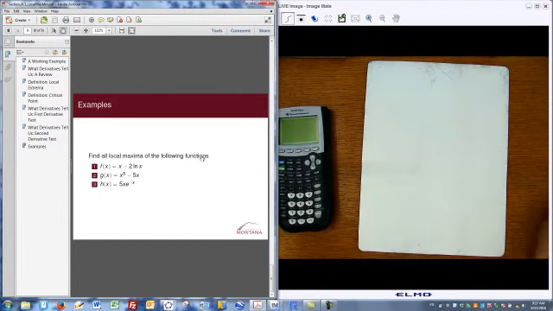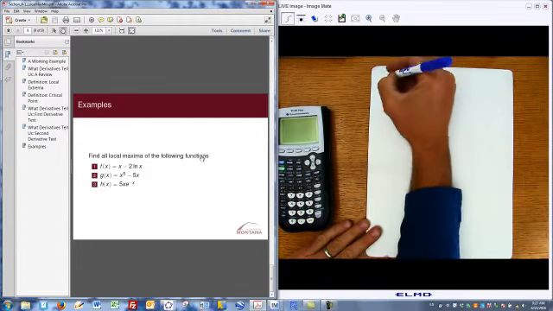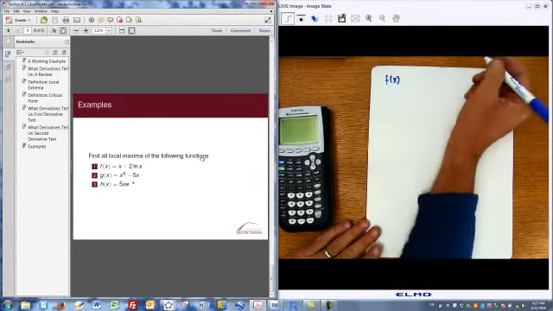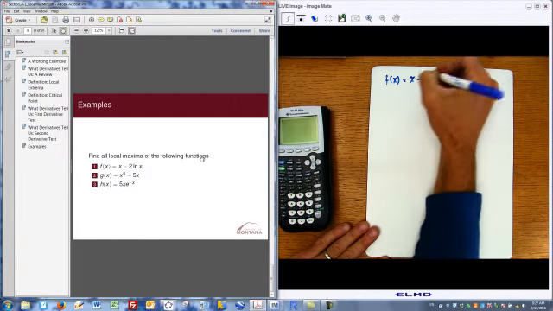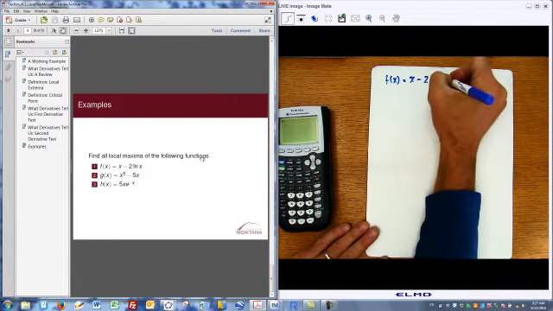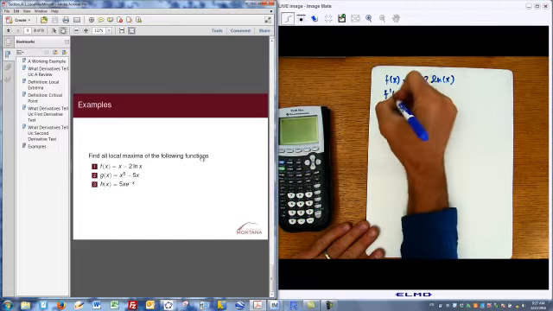So let's go ahead and try this first one. Let's just assume what we're trying to find are the local maximum of the following functions. And I'm going to use just analytic approaches. Of course, you can use your graphing calculator to back you up. So x minus 2 ln x, let's find the first derivative.